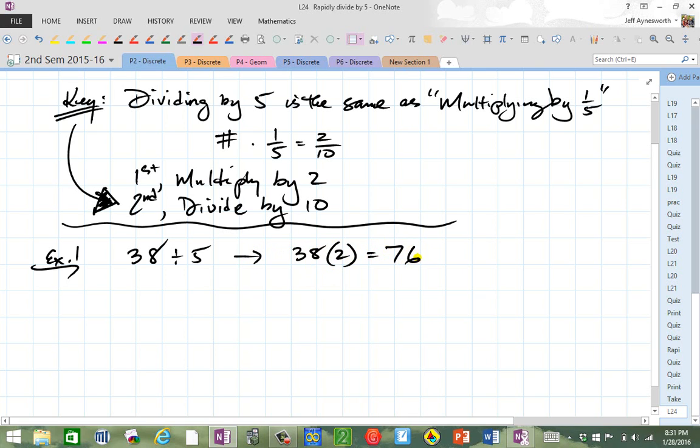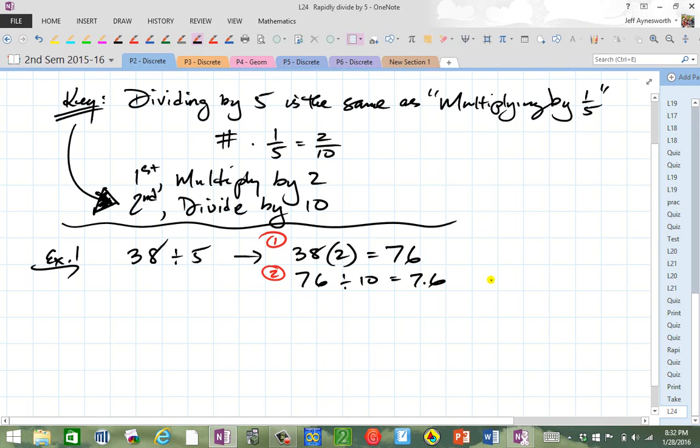You double it. We multiply by 2 and then divide by 10. So that's step 1. Step 2, we divide it by 10. So 76 divided by 10, you just shift the decimal, and that's 7.6.